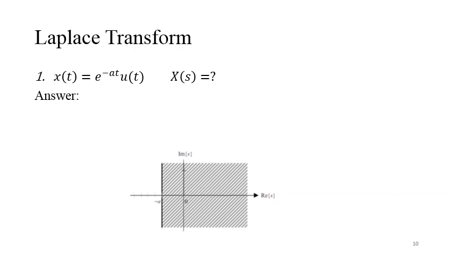Let's have a numerical example on the Laplace transform. The first example is x of t equals e power minus at u of t, and we need to find X of s.